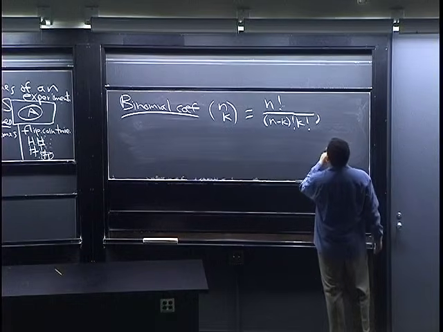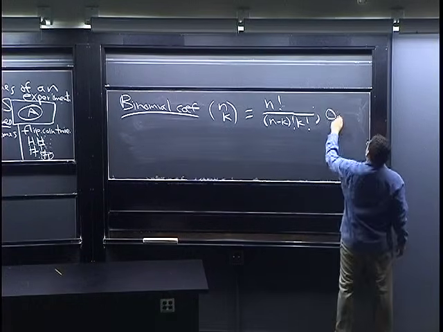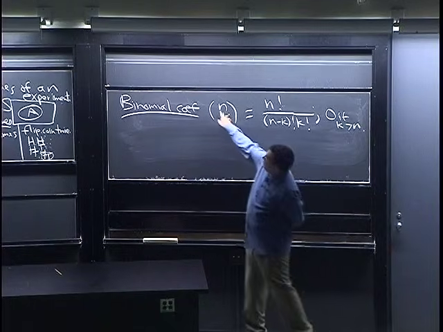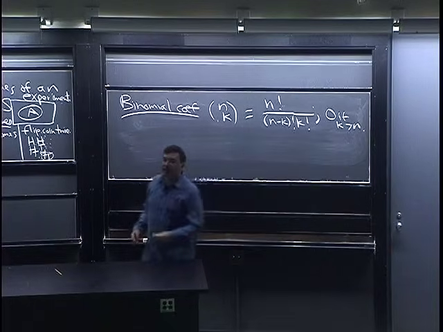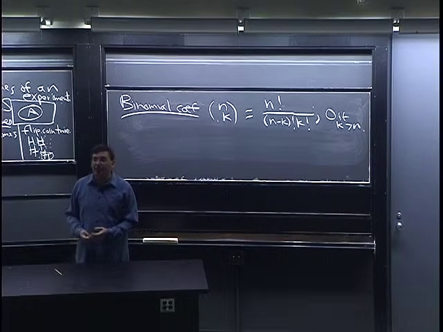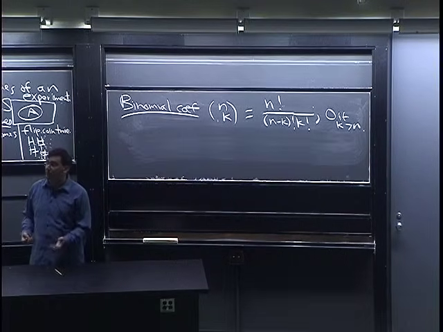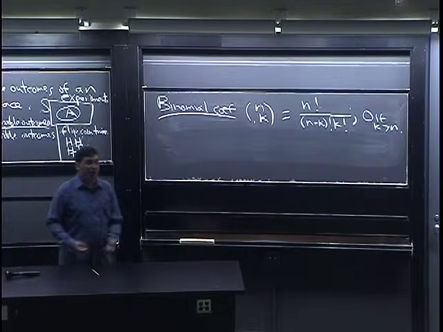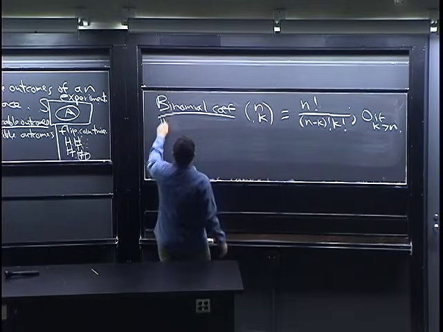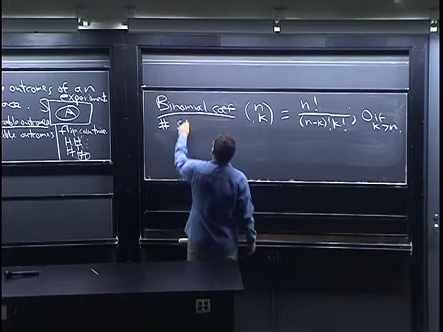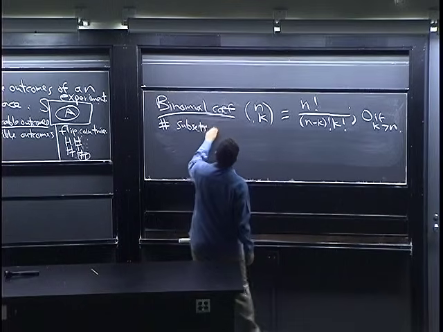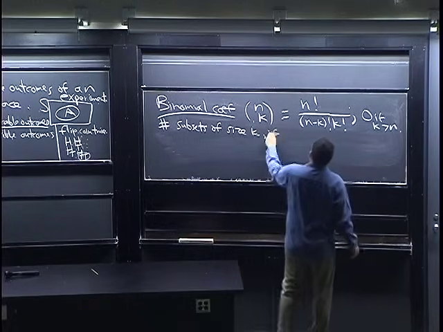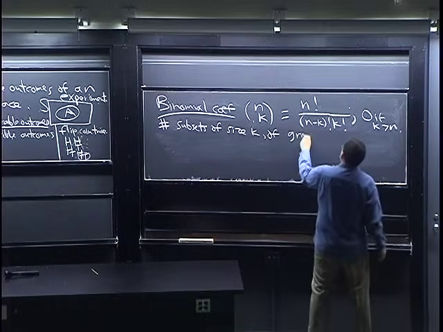We'll also define this as 0 if k is greater than n. What this quantity represents is the number of ways, if you have n people, that you can choose k out of the n people. So choose a subset of size k where order doesn't matter: the number of subsets of size k of a group of n people or n objects.